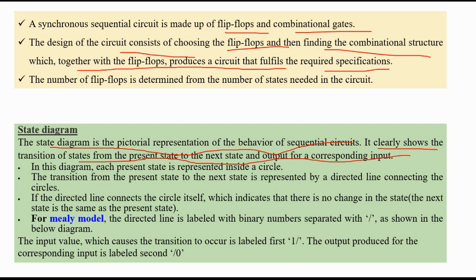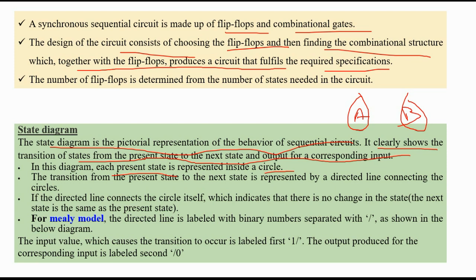The most important point is that in this diagram, each present state is represented inside a circle. For example, you have state A and state B, and you have to mention them like this.